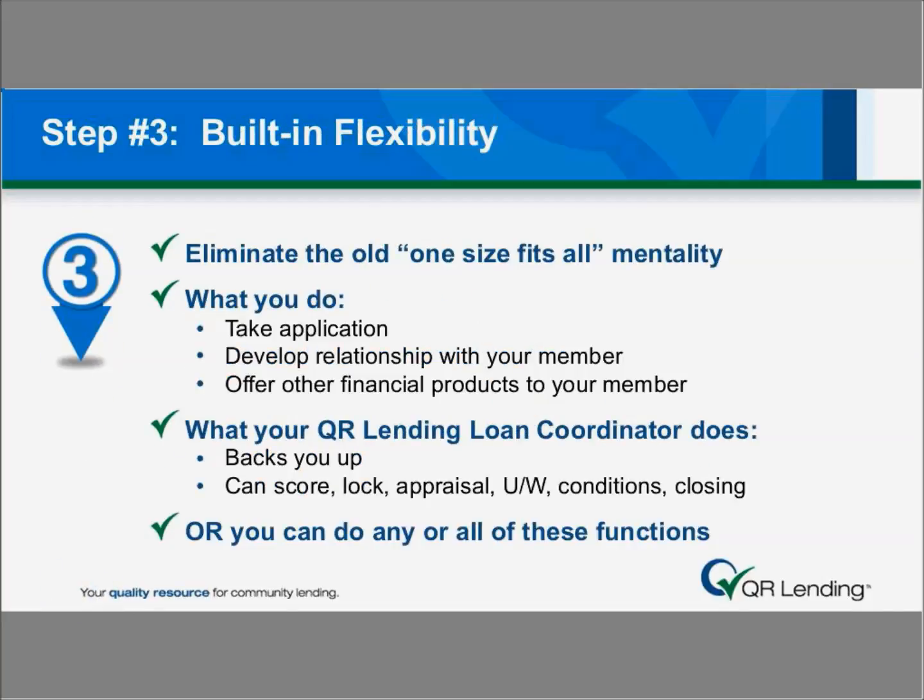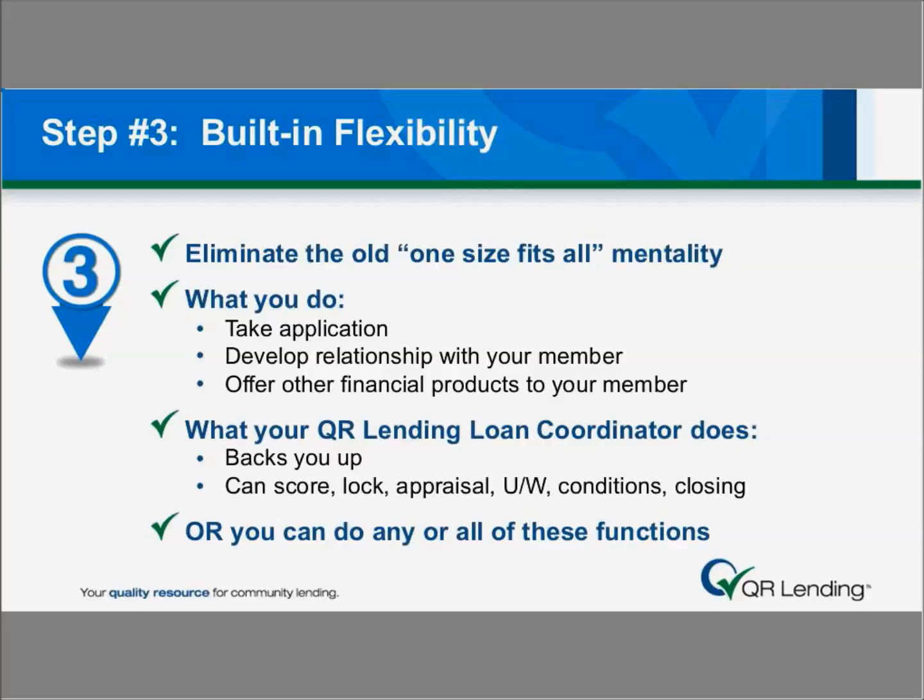The third step addresses the one-size-fits-all business model. So let's break it down and talk about who does what. You're going to take the application and develop the relationship with your member. You offer your menu of other financial services and products. Keep in mind that QR Lending offers no other financial service products to your member, so there's no cross-selling ever on our part.